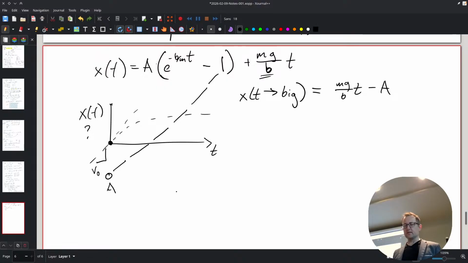Do we want to see what it looks like? Try plotting it? Yep. Okay, let's try it.